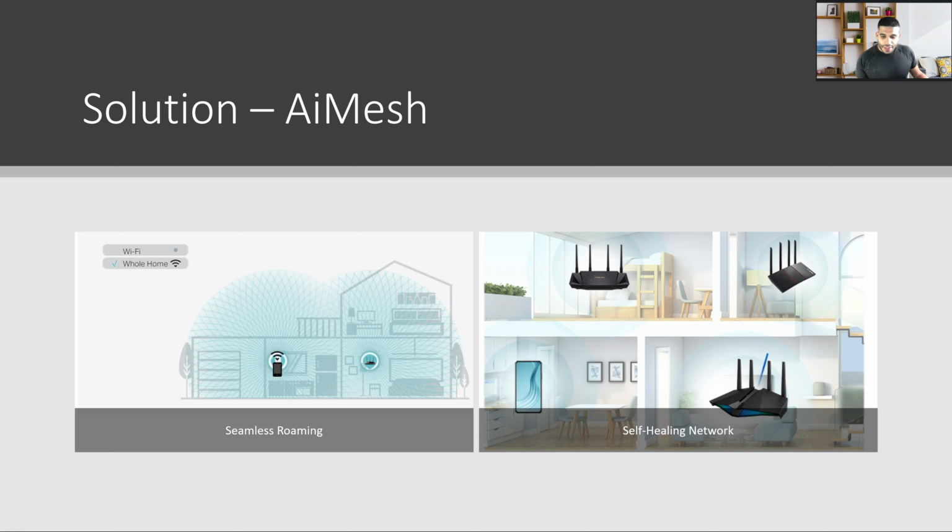And then the other thing that you see here to the right that is part of the AI mesh technology is the self-healing network. And it's really cool because as you start putting more routers in your home, let's say one of those routers fails and it's no longer working. Well, the technology is smart enough to see that that router that failed is a router that it can no longer communicate with and decides to remove that router out of the picture, as you can see there.